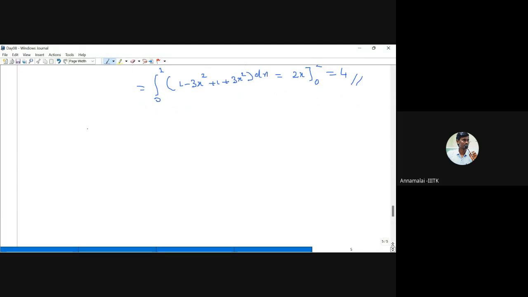So that is a theorem. That is Fubini's theorem, but this is a stronger form of this theorem.